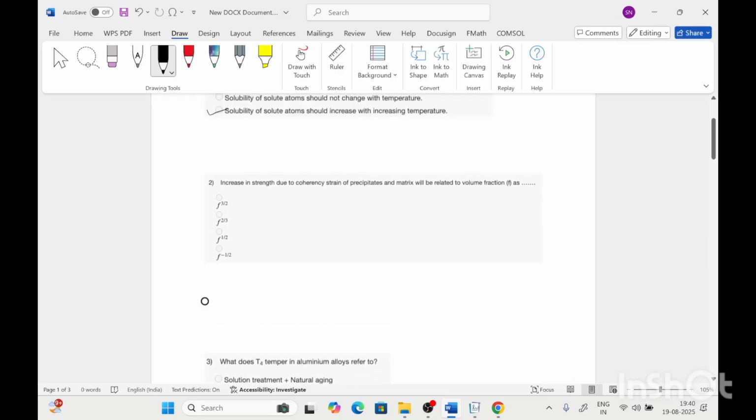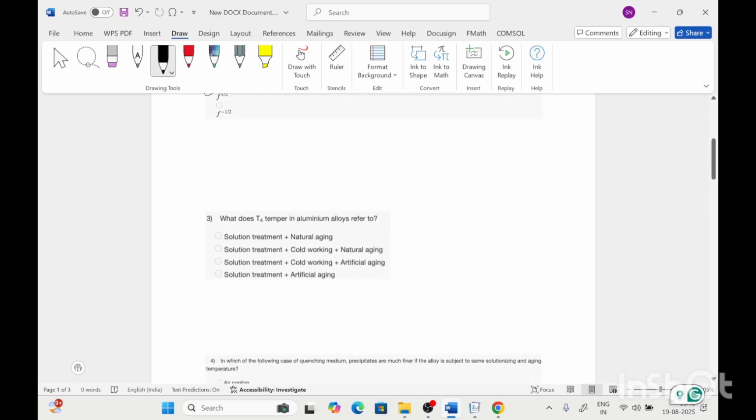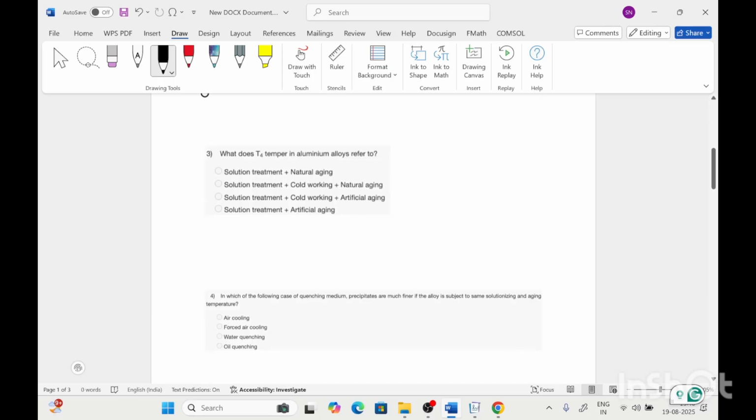Next question is, increase in strength due to coherency strain of precipitate and matrix will be related to volume fraction as the root of volume fraction. F power half. Yes. Then next question is, what does T4 temper in aluminum alloys refer to?